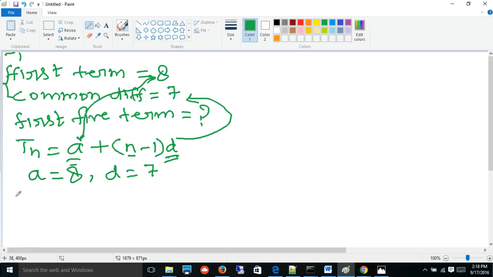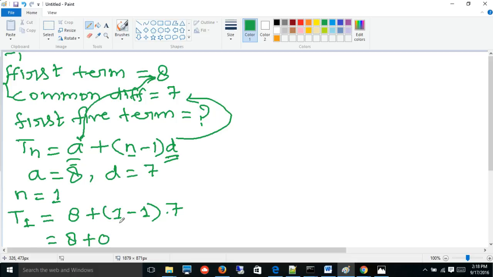Now we will calculate the first term, which means we put the value of n as 1. So t1 equal to a plus n minus 1 into d, that is 8 plus 1 minus 1 into 7. So it's 8 plus 0, because 1 minus 1 is 0 and 0 into 7 is 0.